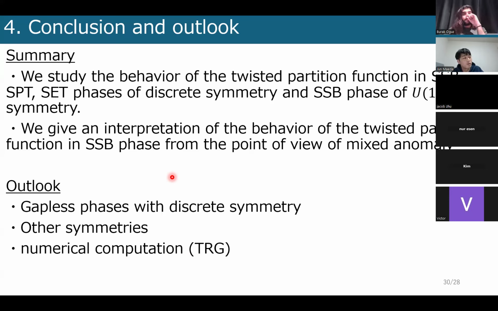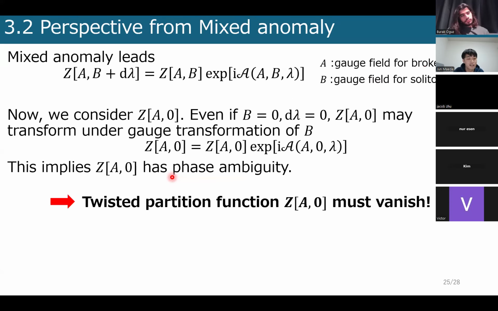Also, we can consider a twisted Neumann boundary condition. If we impose such a boundary condition at the dynamical boundary, then we obtain an SPT phase. And we can consider more general topological boundary conditions, which correspond to general gapped phases.